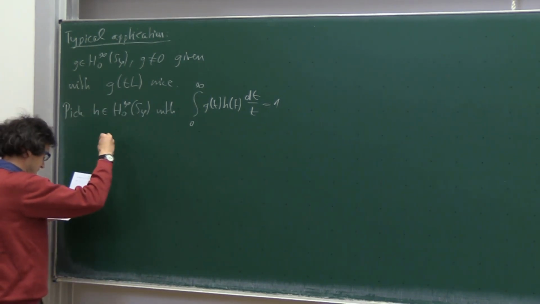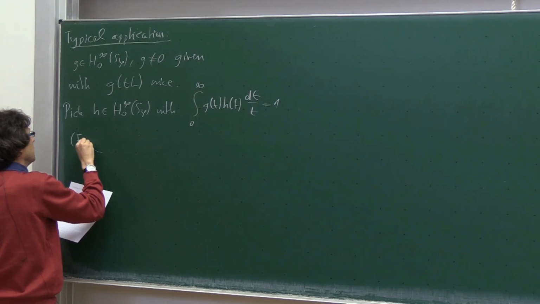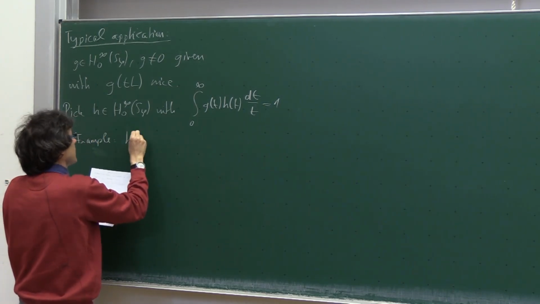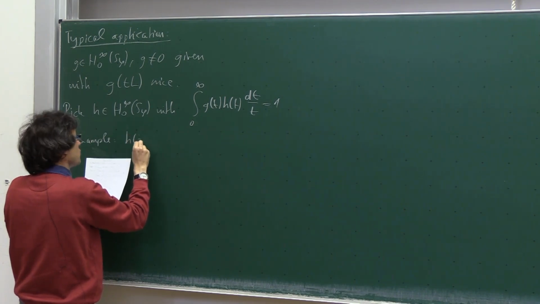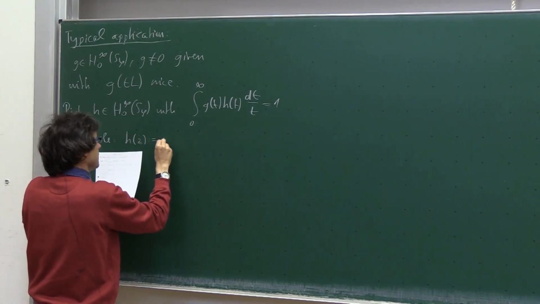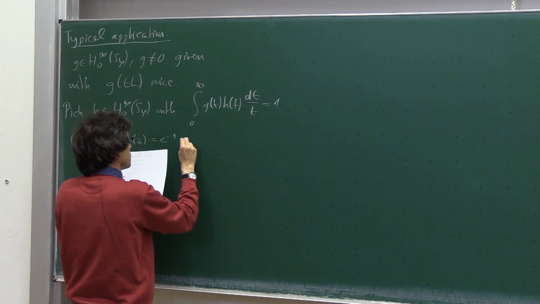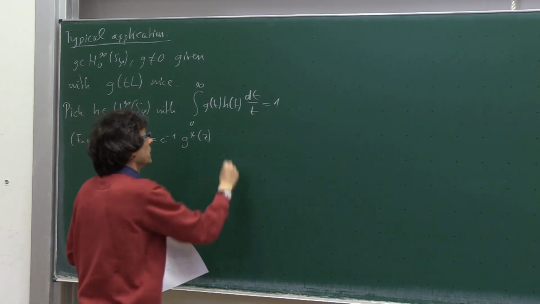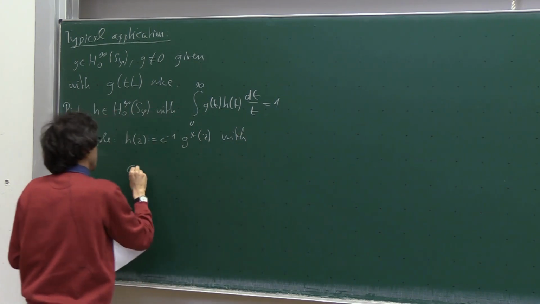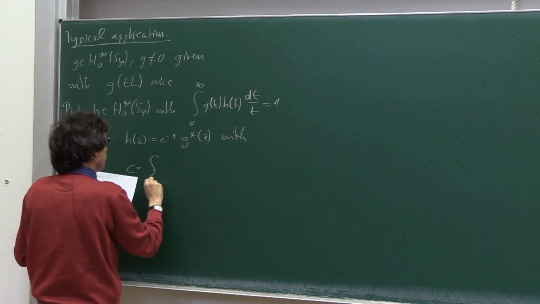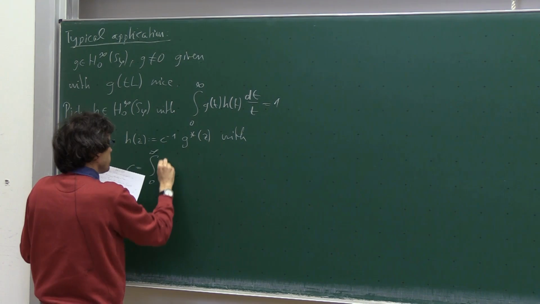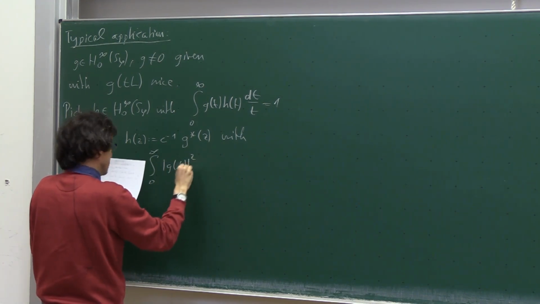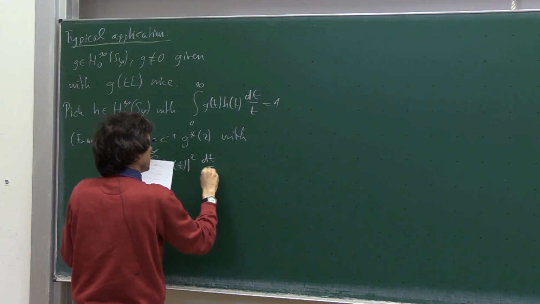One example of how you can always construct such a function h is to just take h of z to be a constant c to the -1 times the holomorphic conjugate of g of z, where the c has to be chosen as the integral from 0 to infinity of g of t in modulus squared dt over t.